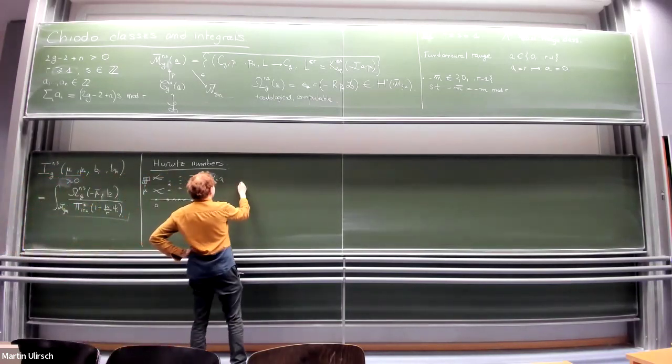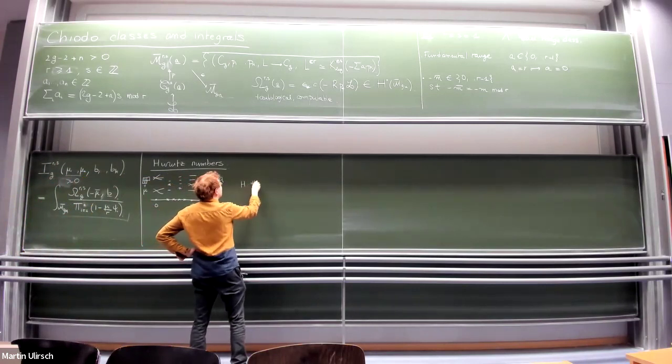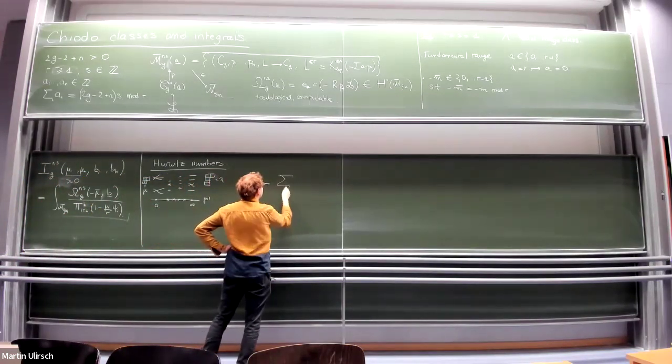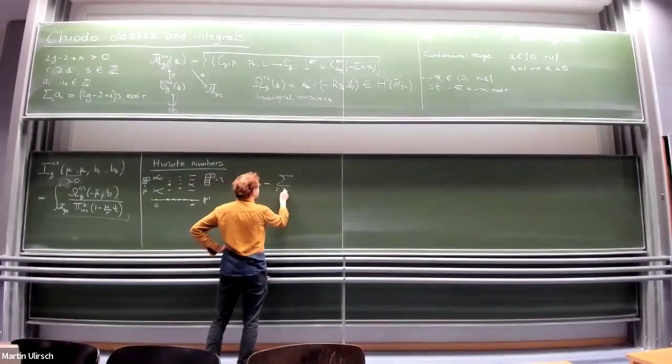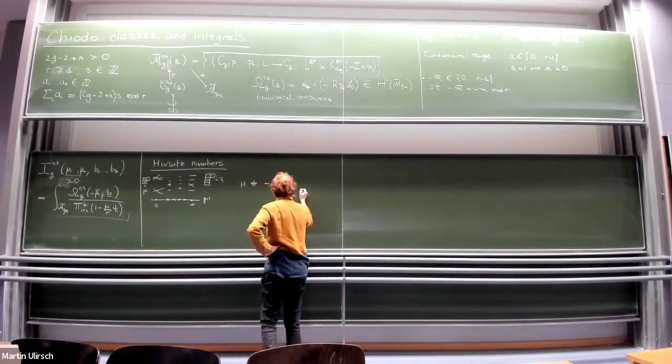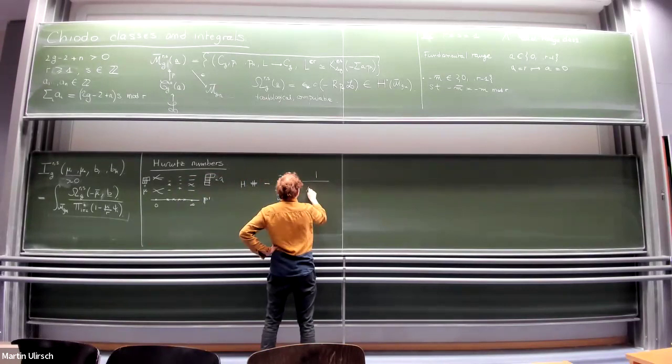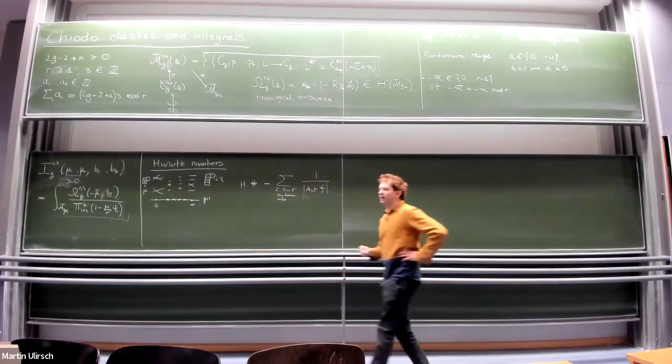So Hurwitz numbers are essentially counting such maps with some ramification information. And then, because these objects have automorphisms, we want to count them weighted by their symmetry.